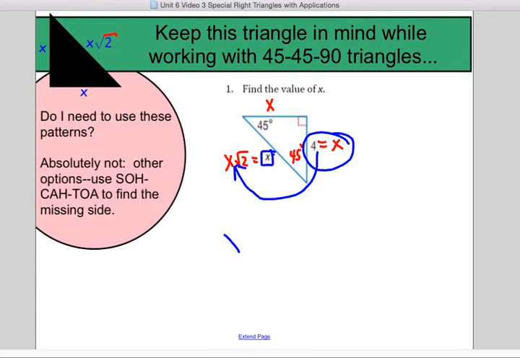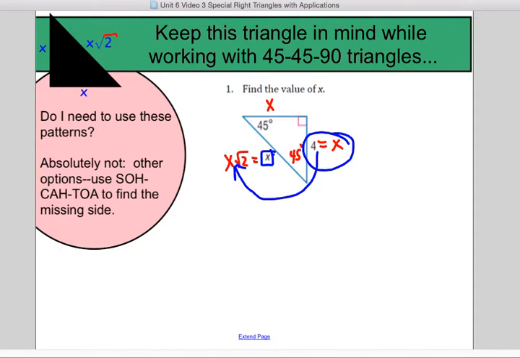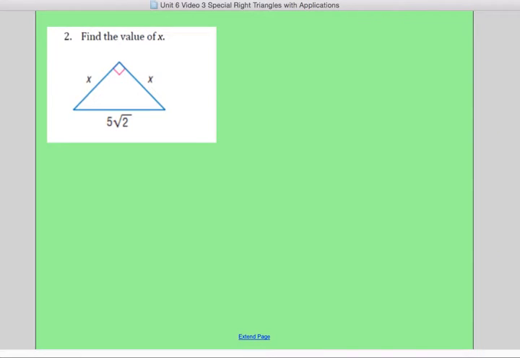Let's go ahead and look at another example. This one doesn't tell me it's a 45, 45, but notice if I have two side lengths that are the same, that means it's a 45, 45, 90. So I label everything. This is x, and this one is x square root of 2.